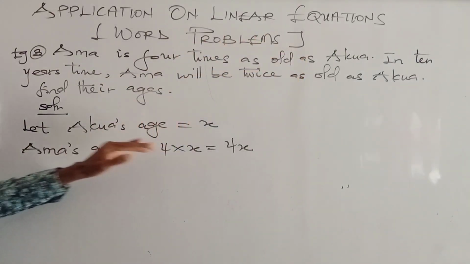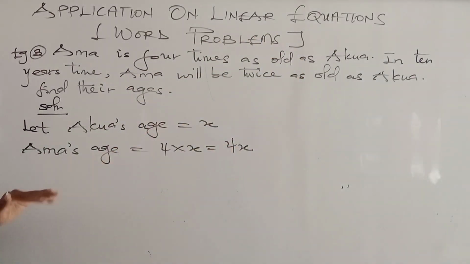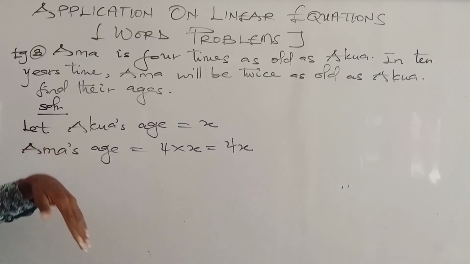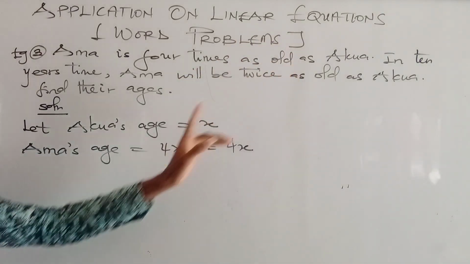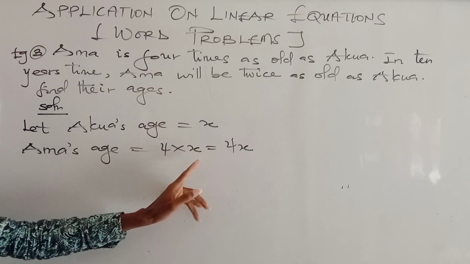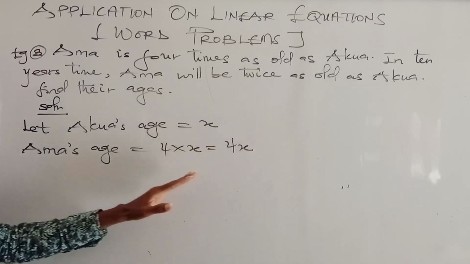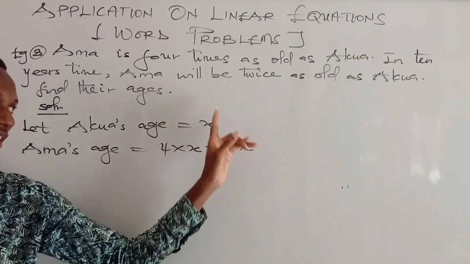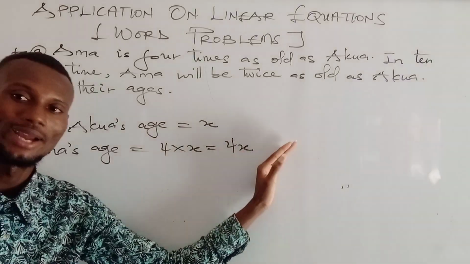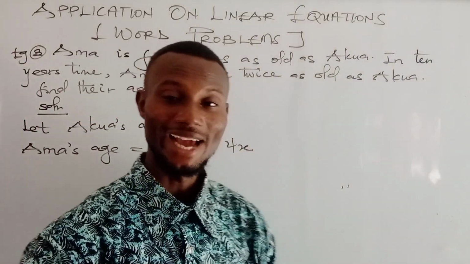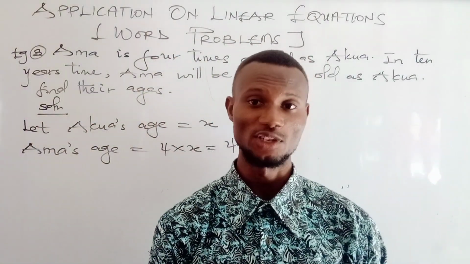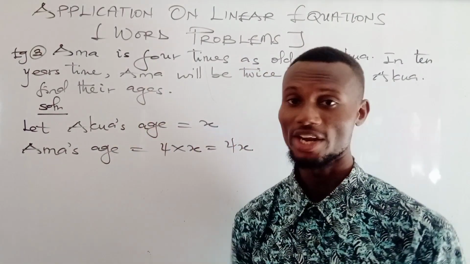And knowing that Ikea is S years, it means that Amma's age will be 4 times Ikea's age, which is S. So 4 times S gives us 4S. So Amma's age is 4 times Ikea's age, which is 4S. I hope the explanation is clear enough up to this point. Okay, let's progress and read further.